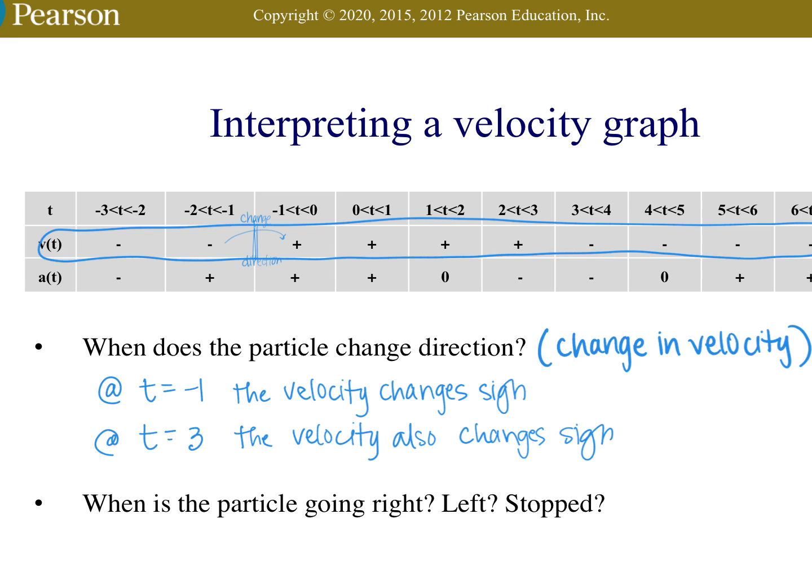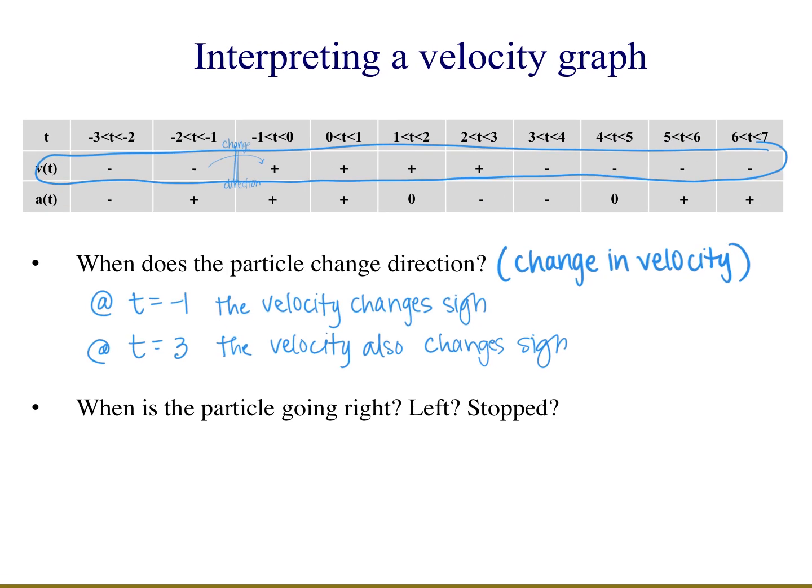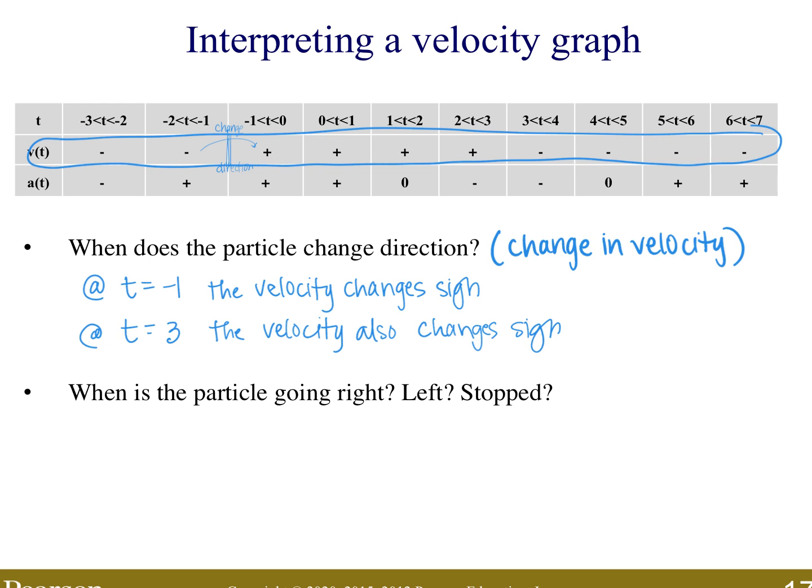When is the particle going to the right? When is it going to the left? When is the particle stopped? And then maybe we can answer and why. Does anybody want to take a stab at that? When is the particle going to the right? And why? Because it's all positive. Okay, the velocity is all positive.